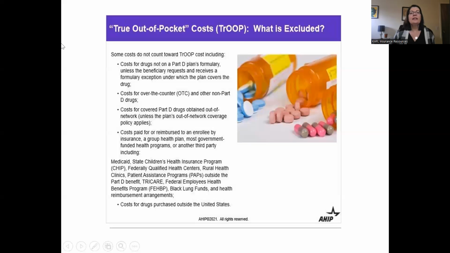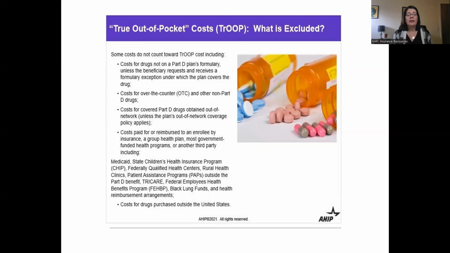So what is excluded from the true out-of-pocket costs? These costs do not count towards that amount to bring you into the catastrophic phase. Costs for drugs that aren't on the formulary, unless there's been an exception under which the plan will cover the drug. Costs for over-the-counter drugs and other non-Part D drugs. Things that are obtained out of network.